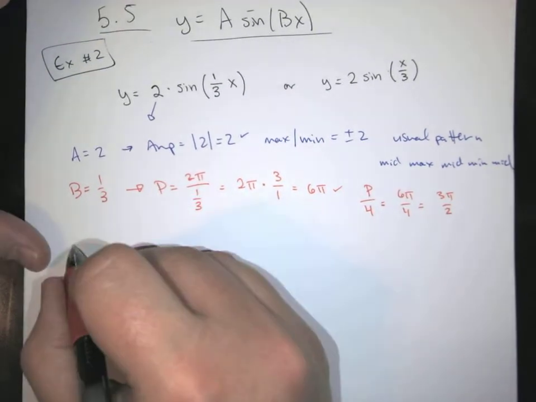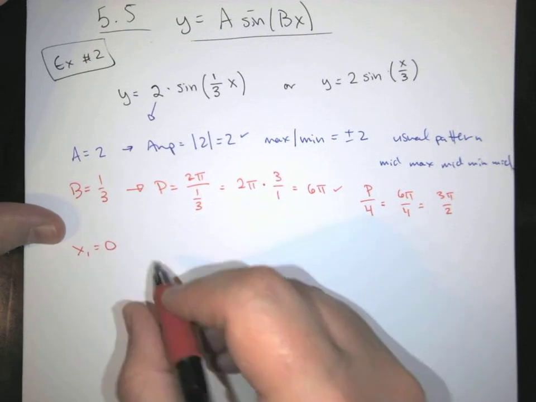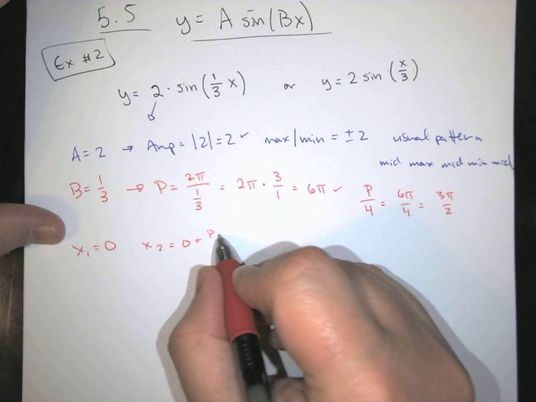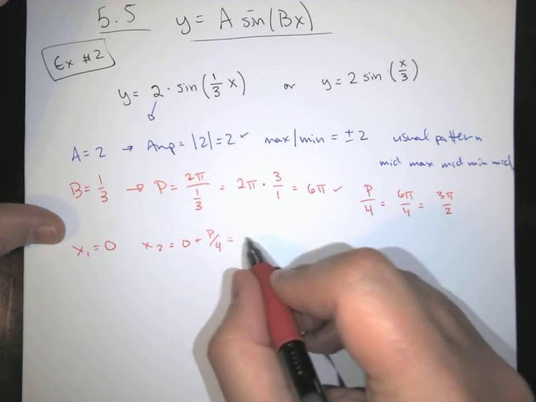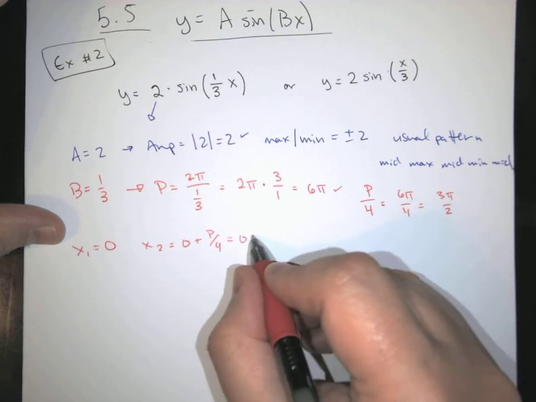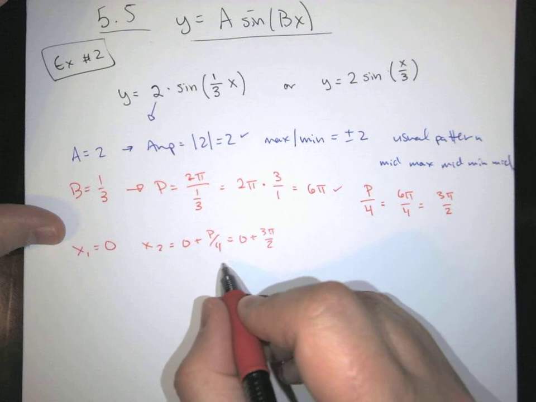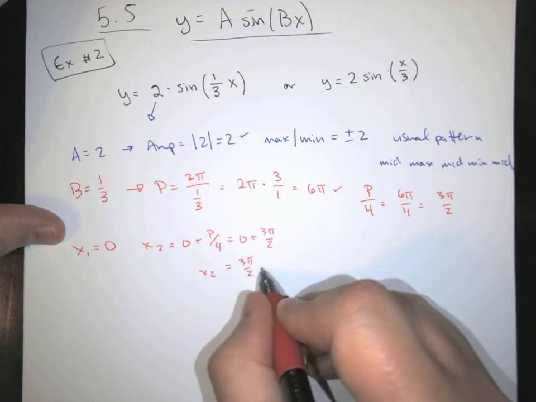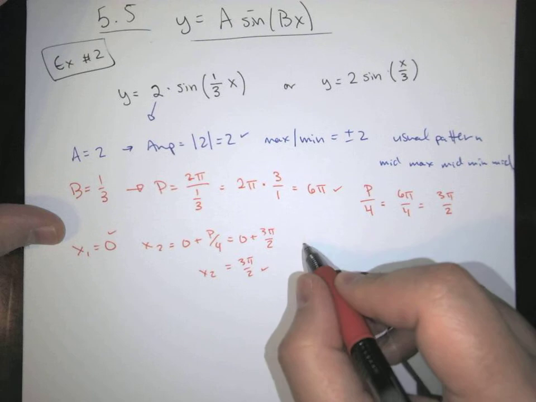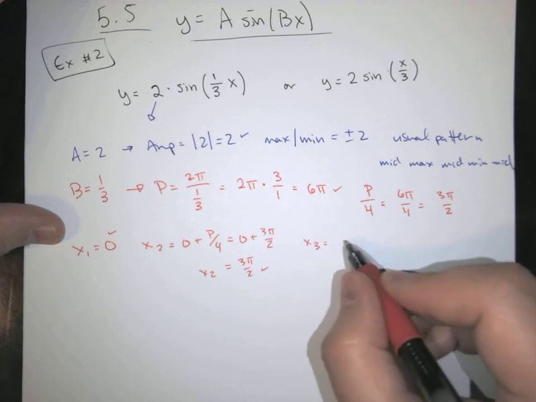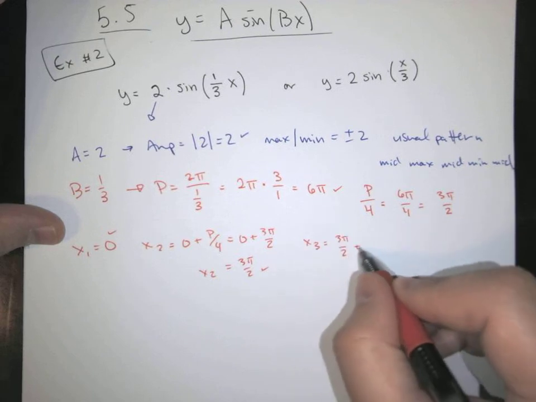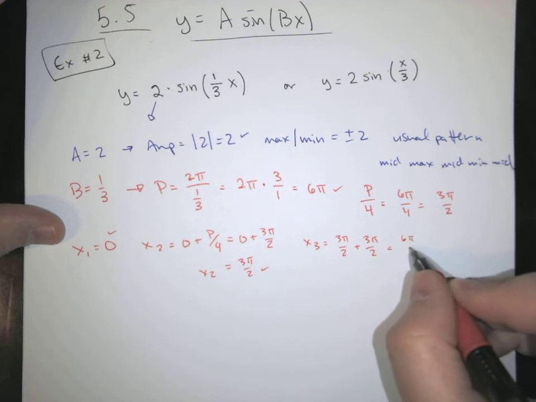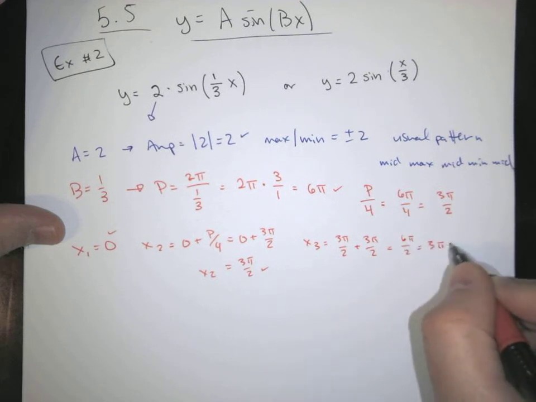So these points, what are we going to get? Starting at 0, x2 would be just 0 plus the cycle divided by 4. So that's 0 plus 3 pi over 2. So x2 is 3 pi over 2. My third point is my halfway point. That's 3 pi over 2 plus 3 pi over 2, which is 6 pi over 2, which would be 3 pi.